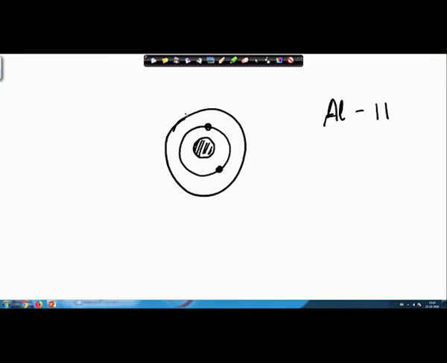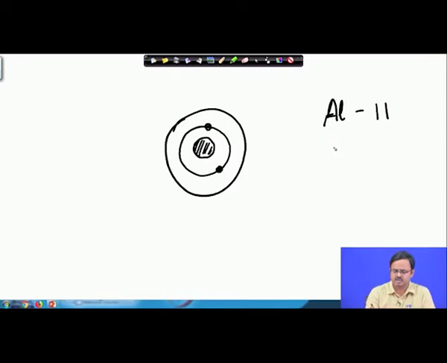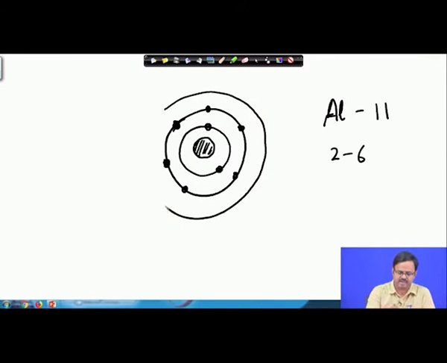The L shell will have how many? It will have 6. Let us draw those 6 electrons: 1, 2, 3, 4, 5 and 6. Now, of the 11, we still have 3 more electrons, and those are in the M shell. So, K has 2, L has 6, and M will have 3.